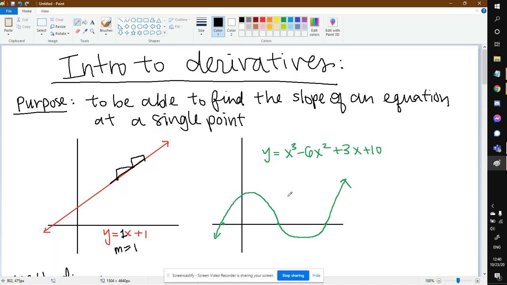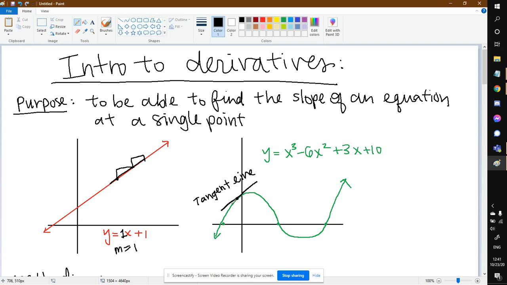We want to be able to talk about this when our equation is not just a straight line, right? We want to be able to talk about this when we've got curvy equations. And that generally looks like, if I'm looking for the slope at a point here, we're going to draw in a tangent line. A tangent line is a line that just touches the function.